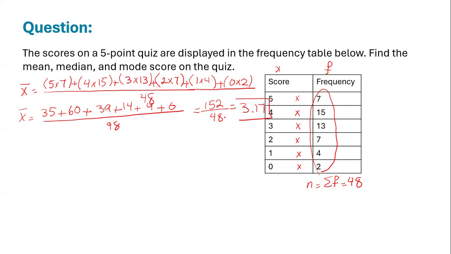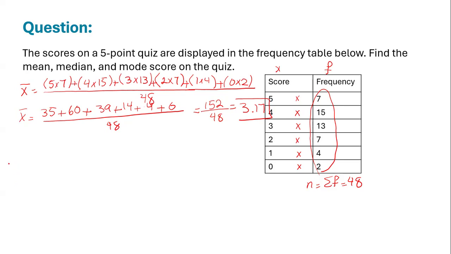Now we can find the median. To find the median, I need to put all the numbers in order from least to greatest and find the middle number in the data set. If I want to put the numbers in order, I need to start with 0. And the frequency for 0 is 2.